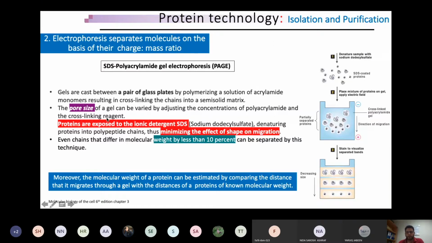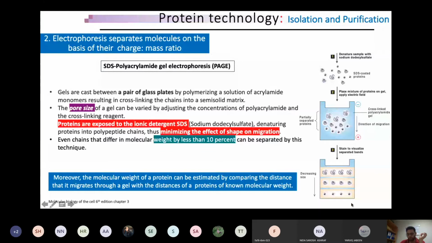Before loading the proteins onto the gel, you cover them with SDS, you add excess SDS. Because of that, all the proteins are denatured. There is no specific structure of the proteins available, so it is just a simple linear structure now. So you will separate them on the basis of molecular size.